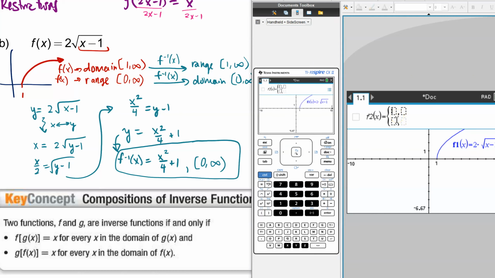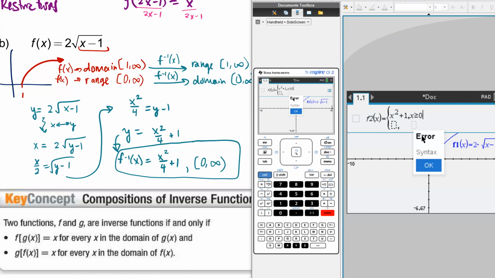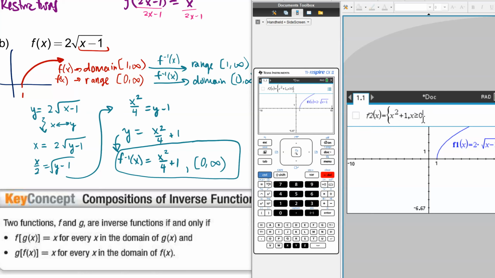Okay, so I want it to be x squared plus 1, but only if x is greater than or equal to 0. Syntax, man, okay. I'll graph this other one, 2 times... Oh, I want it to be a function, never mind.